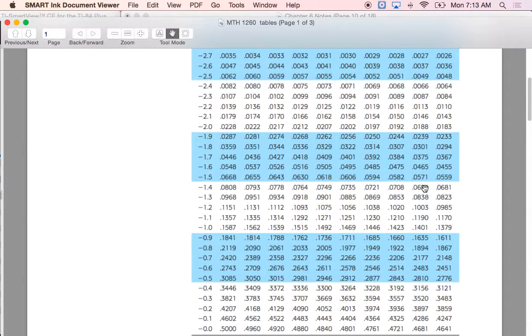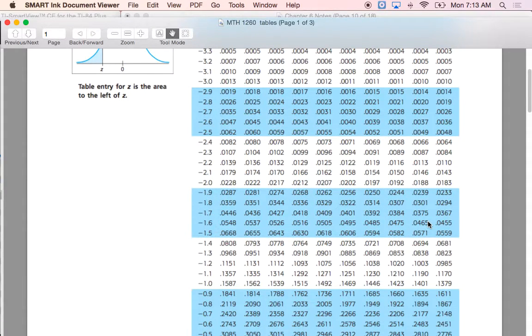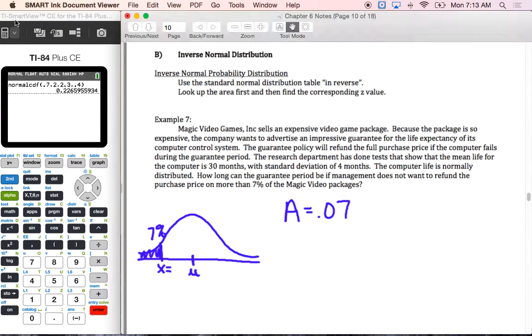So that means my z value is negative 1.4, and then when I'm there in this column is 8. So my z value would be a negative 1.48. So again, my z value is negative 1.48.